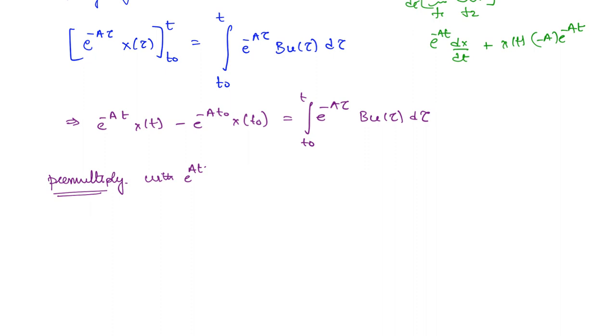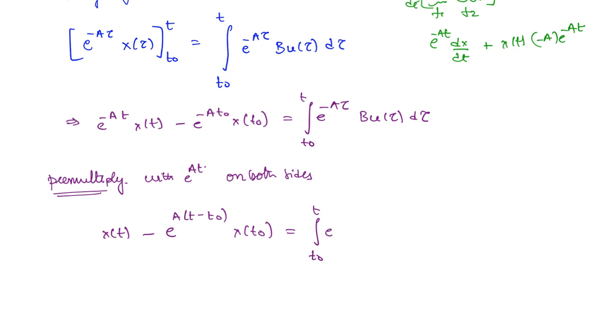Okay. So pre-multiplying with e to the power a t on both sides is going to give you x of t minus e to the power a into t minus t naught x of t naught is equal to integral t naught to t e to the power a t, which you can write inside the integral as well.